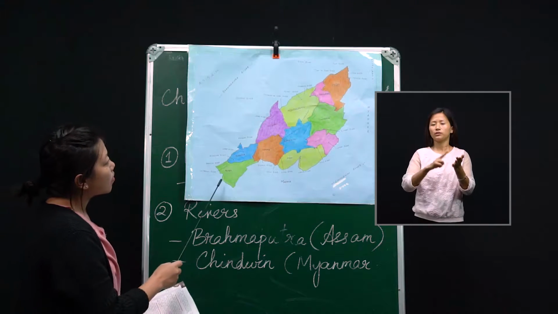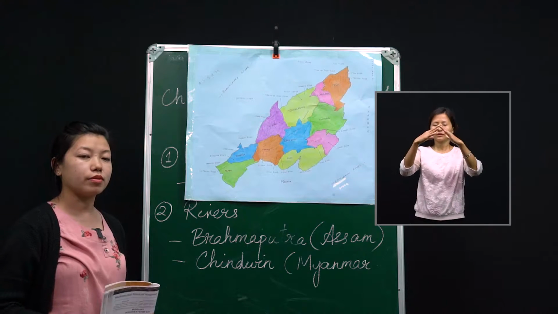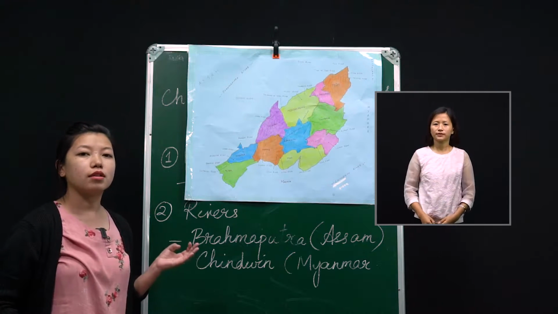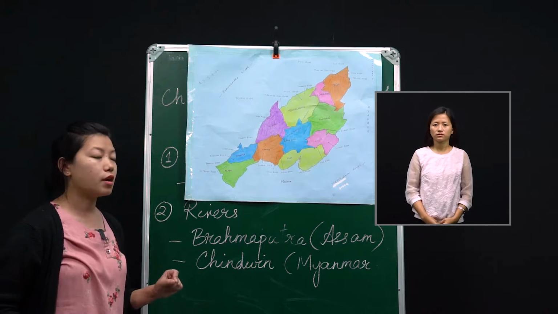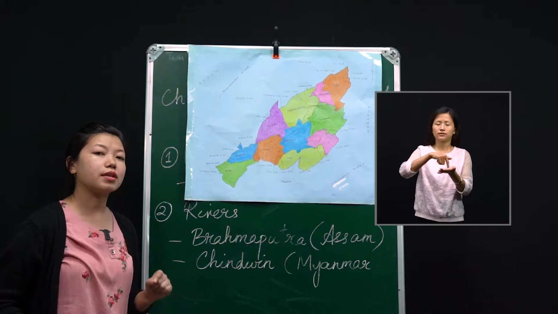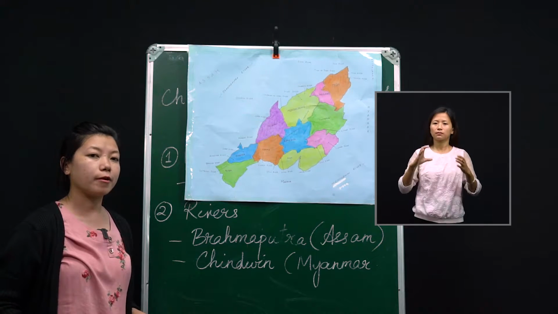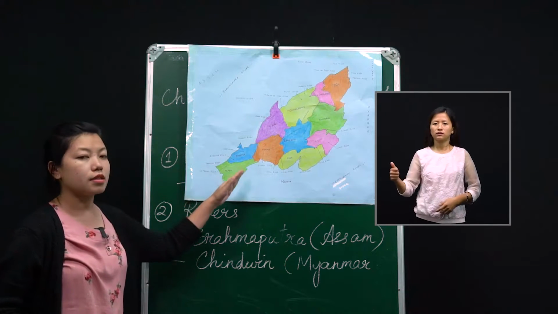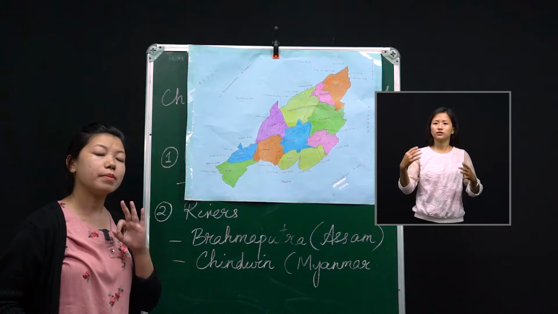Now coming to the second mountain range, that is the middle mountain range. Remember, the first one was the lower mountain range, the second one is the middle mountain range. Here the middle mountain range is the largest and the highest compared to the other three, because it is classified into three main parts.